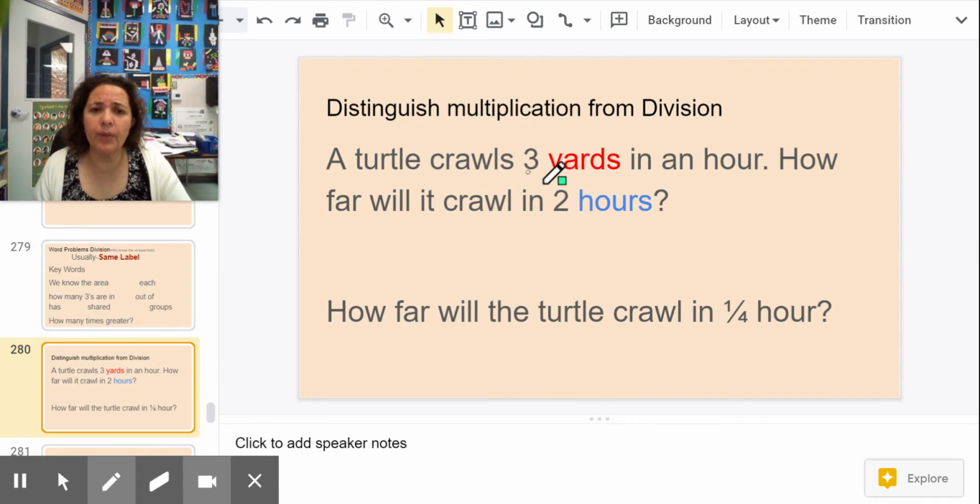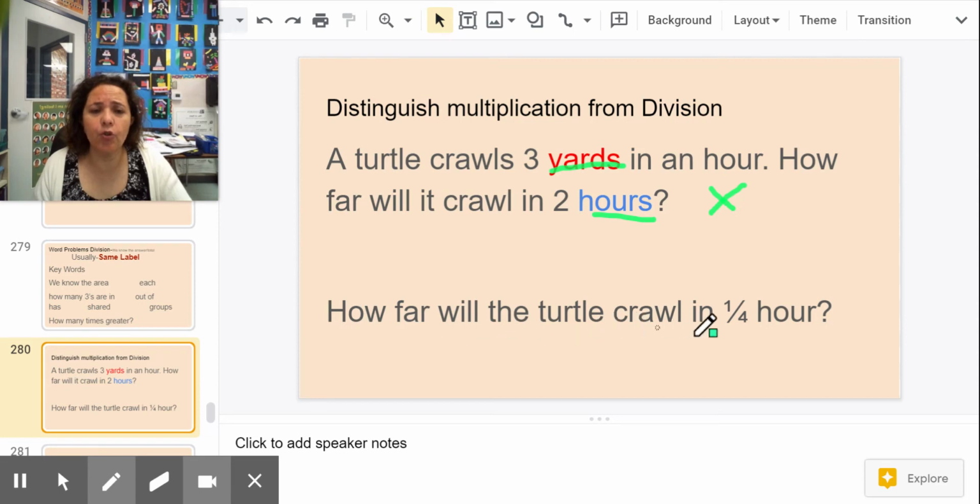Sometimes you might think, well, maybe 3 yards is my total. But I'm going to look at the numbers. I have 3, and what's after the 3? Yards. What's after the 2? Hours. They're different labels. So it's probably not division, and they're not asking me how much in each, or equal groups, or sharing. So I think this one is multiplication.